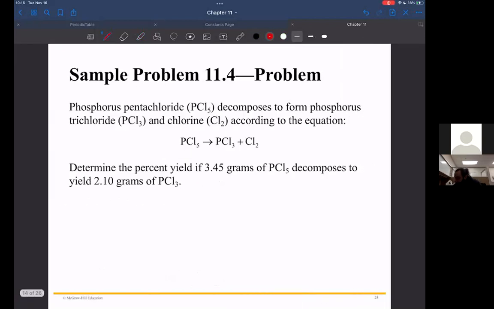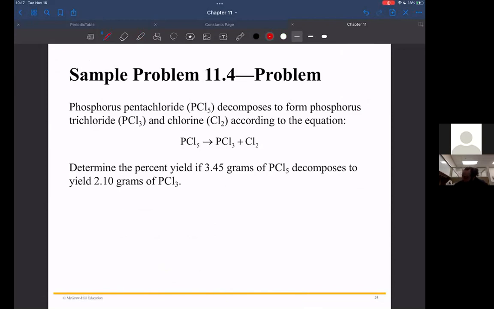So we have phosphorus pentachloride, which will decompose into phosphorus trichloride and chlorine gas using this balanced chemical equation. Determine the percent yield if 3.45 grams of phosphorus pentachloride decompose to yield 2.10 grams of phosphorus trichloride.